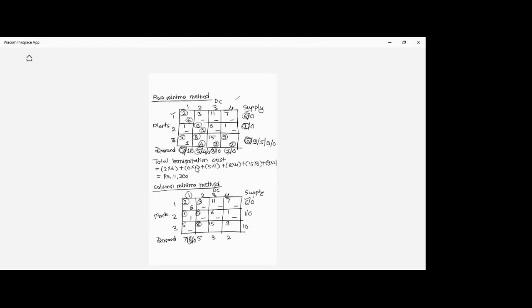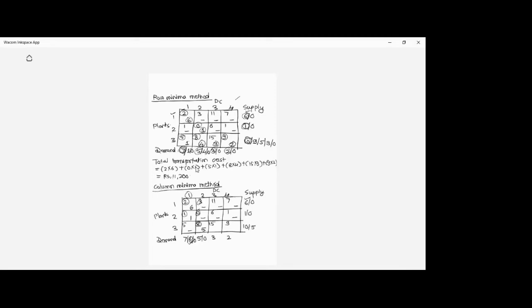The maximum milk that I can allocate according to the supply limit is 10, and according to the demand is 5. So I'll put 5 here, and that will exhaust the demand of this column, and I'll be updating it here as well.